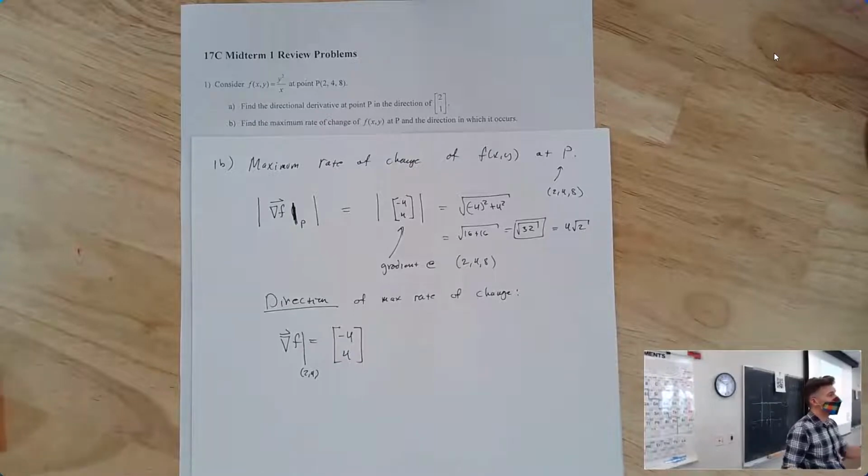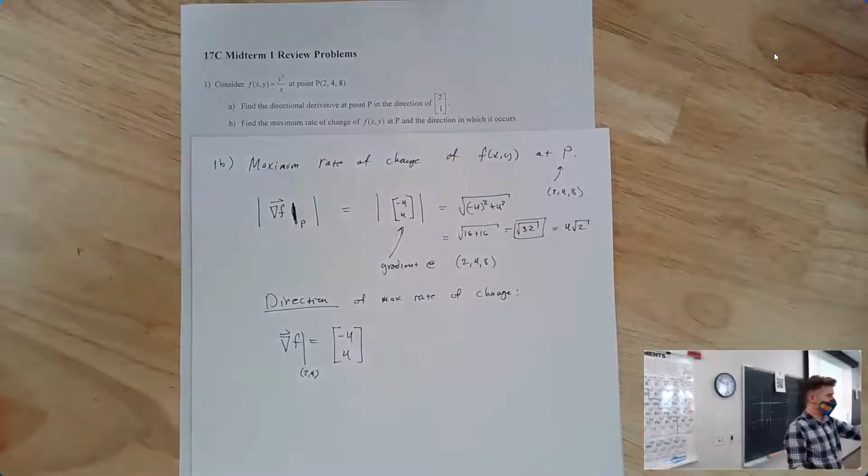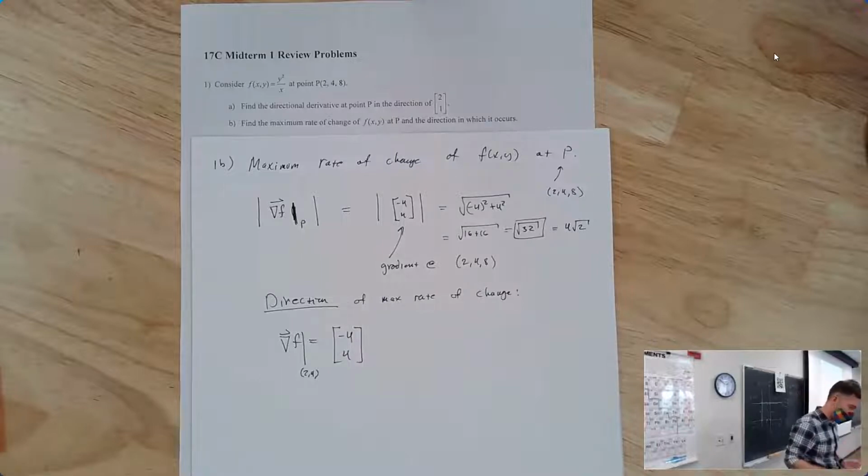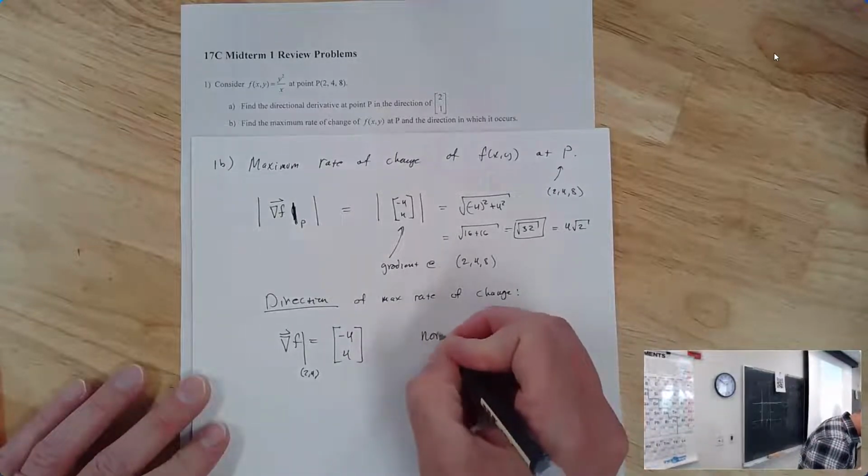So when someone says direction, even if they haven't been specific, they probably mean I want your vector and your vector and your vector to all look the same. I don't want you to say negative 4, 4, and you to say negative 2, 2, and you to say negative 1, 1. I want everyone to give me the same vector. And to make sure that happens, we have to normalize them or make them all unit vectors. So we're going to normalize it.